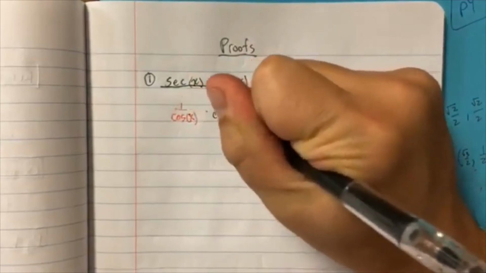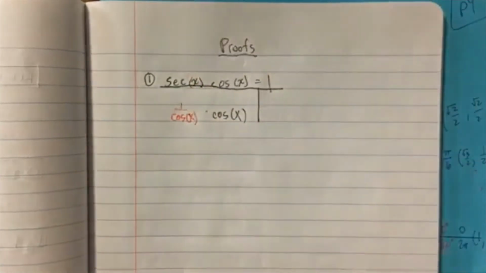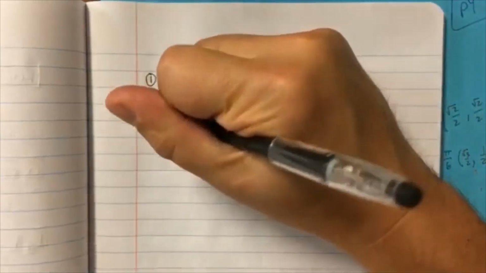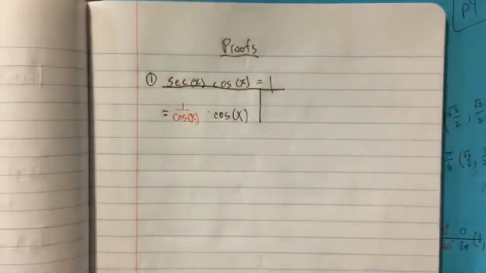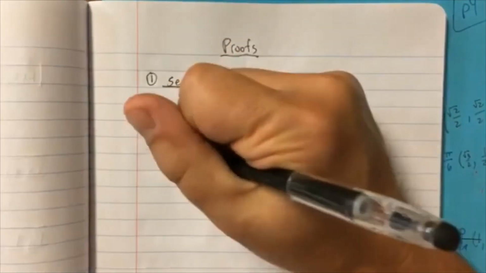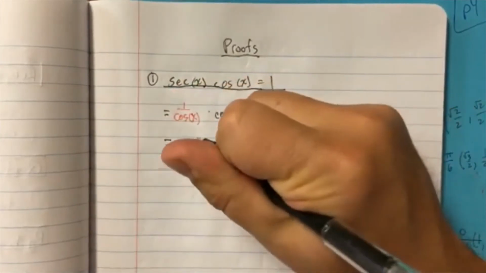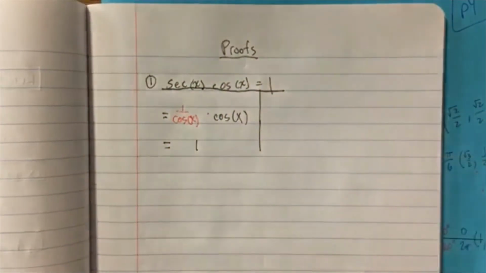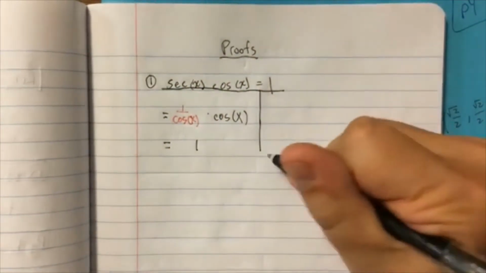I'm just going to rewrite, and any of my substitutions I'll do in red, so when you're looking back at this, you can see exactly what I changed. And 1 over cosine x times cosine x, what does that equal? That equals 1. So what we just did is we made the left side look like the right side. And we're done with that proof.